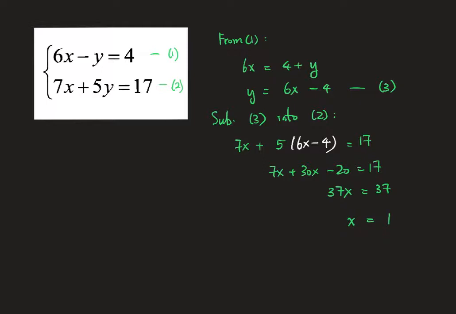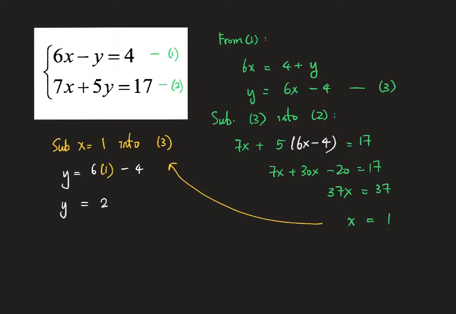Next, I can substitute this x equals 1 into equation 3 to get the value of y. y is equal to 6 times 1 minus 4. y equals 2. Therefore, the solution is x equals 1 and y equals 2.